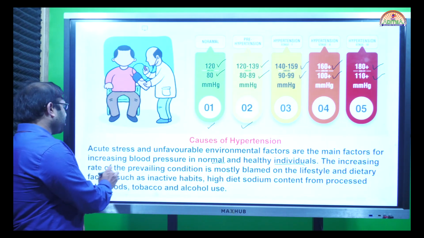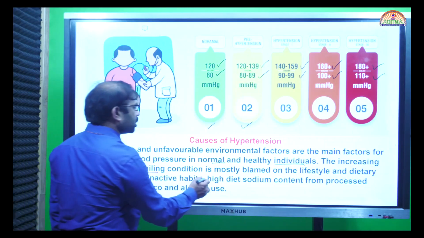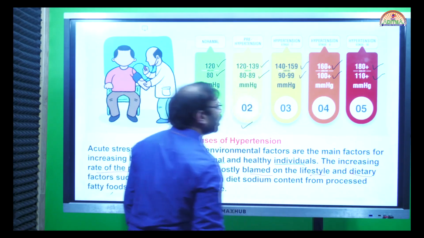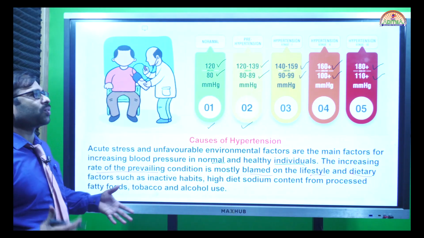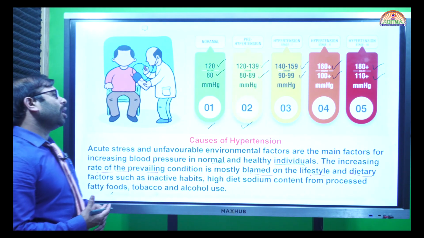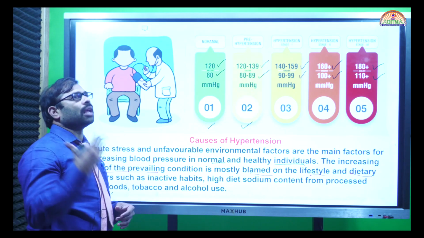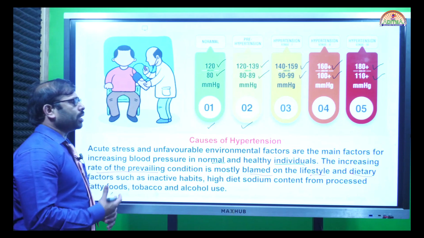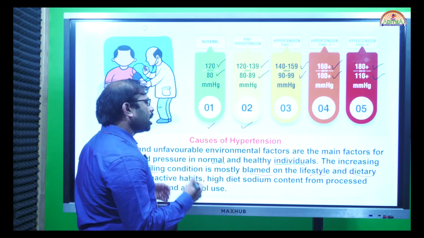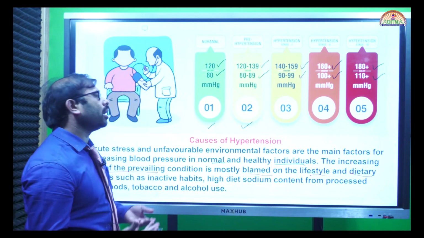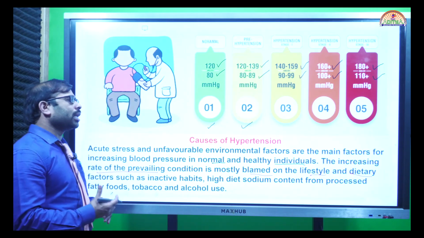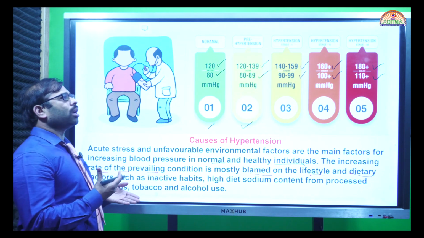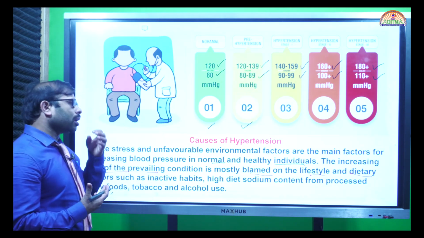Otherwise, the prevailing condition is mostly blamed on lifestyle and diet. BP and sugar are quite common nowadays, and most people face these lifestyle diseases. Day by day, lifestyle as well as dietary factors, the kind of food habits, play an important role in the cause of hypertension.